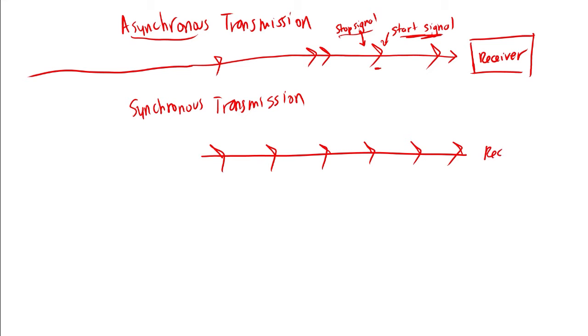Versus on synchronous transmission, the receiver knows, every second I'm gonna get some data. So every second he pays attention for a brief time, captures the data. So we don't have to tell him it's coming, he already knows. And in order for us to do that, though, we have to send a pulse, known as a clock pulse.